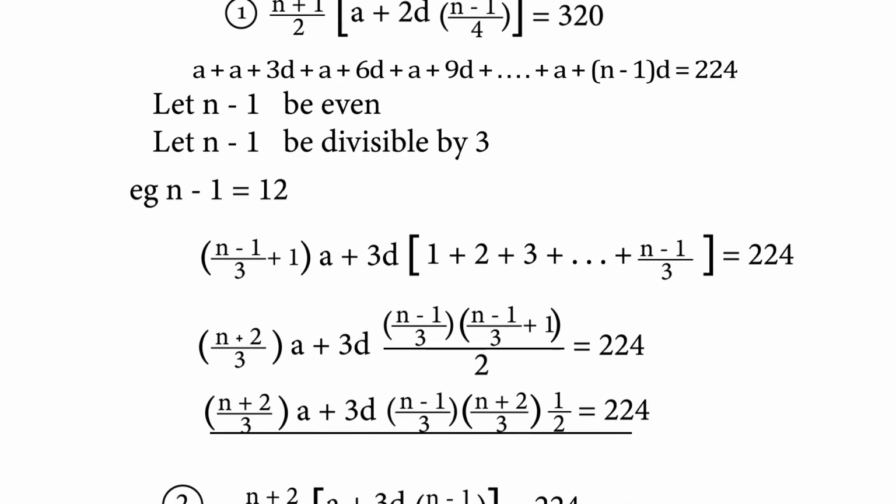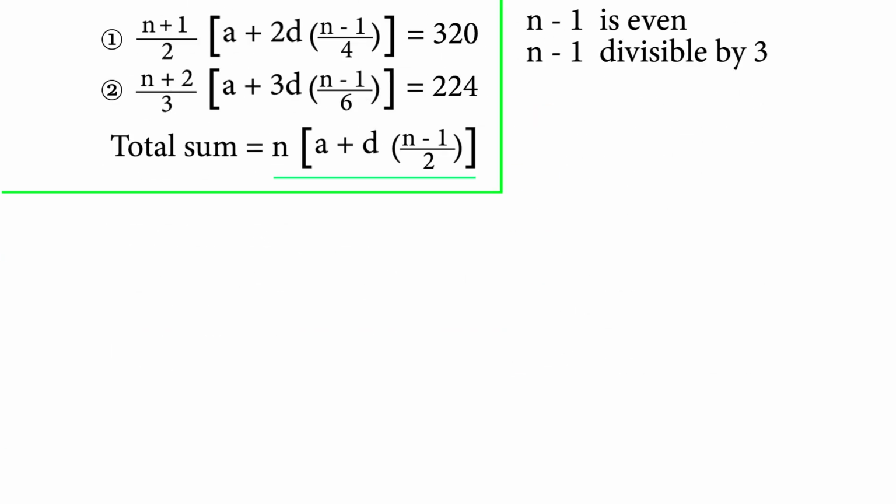Just brainstorming, I think I'm going to first start with n equal to 13. Why? Because if I do that, n minus 1 will be 12, and that meets both of my criteria. It's even and it's divisible by 3.